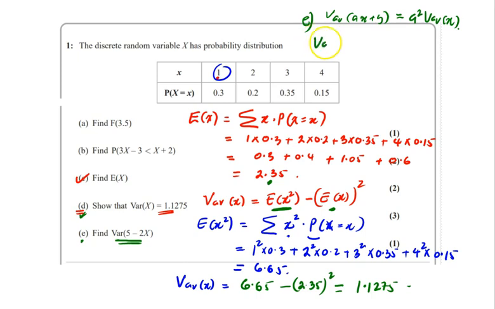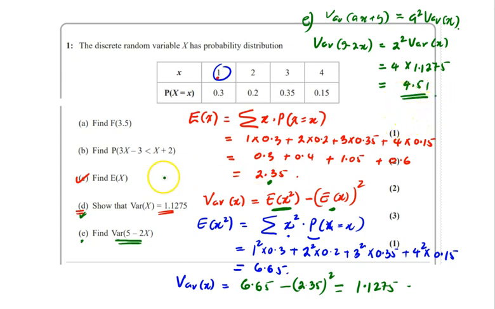That means the variance of 5 minus 2x is going to be 2 squared. I'm not putting a negative because it's still going to be positive when you square it, which is 4 multiplied by the variance of x, which is 4 multiplied by 1.1275.